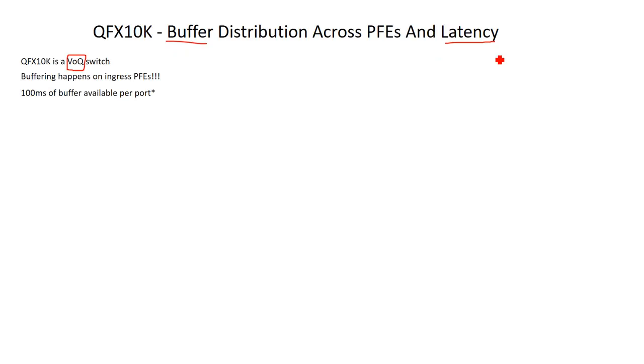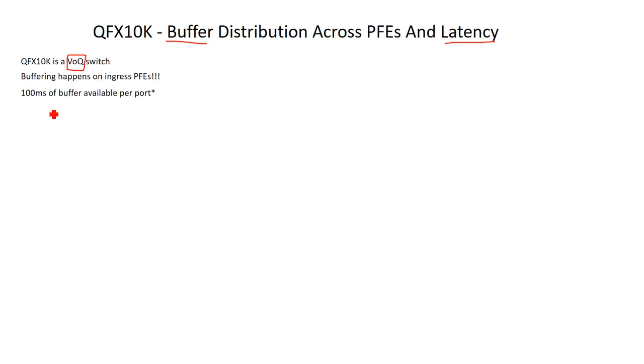They're very tightly coupled together. So in this particular example, we will be observing latency and then try to make conclusions about buffer distribution across PFEs, because latency is something that we can measure using a test generator.